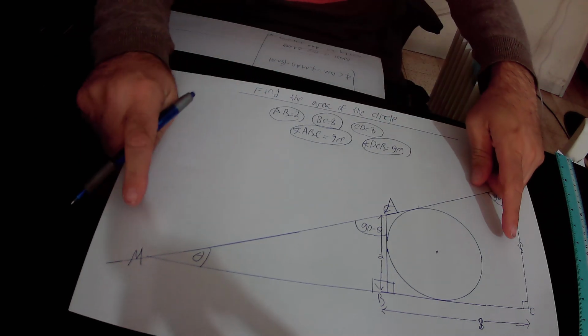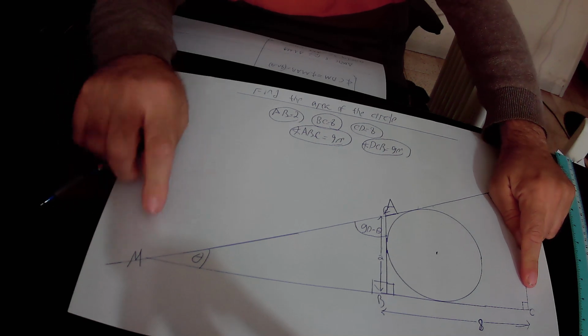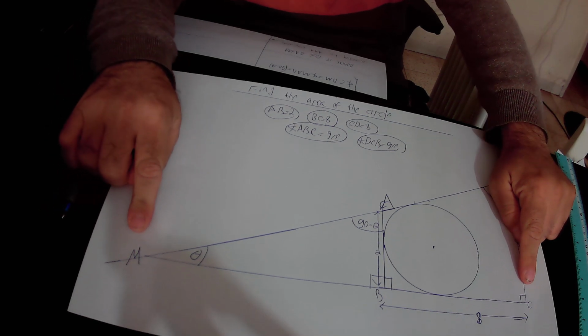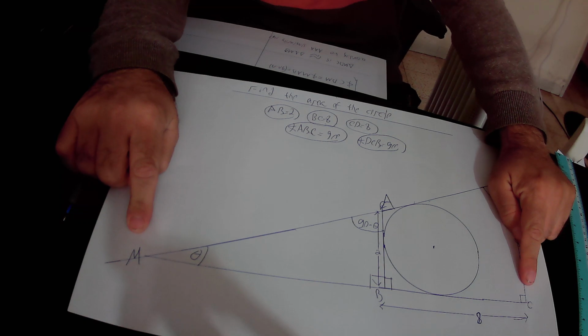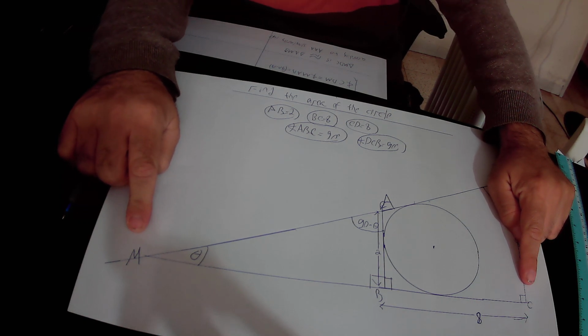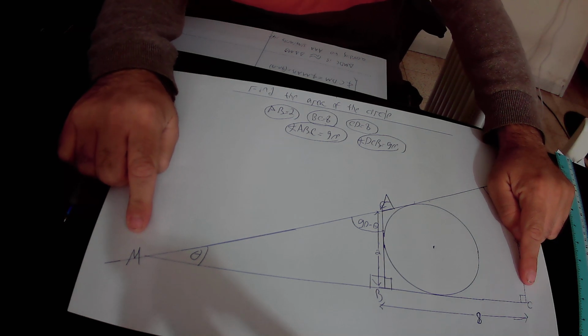What is the length of side MC? From the drawing it is easy to see that MC equals MB plus BC. That is to say, MC equals MB plus BC, that is 8. So in total MC equals MB plus 8.